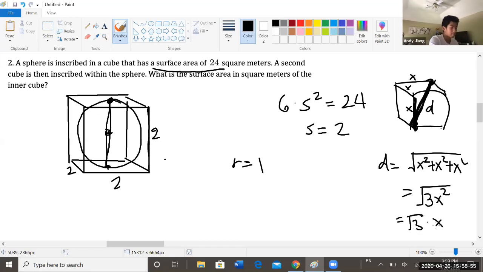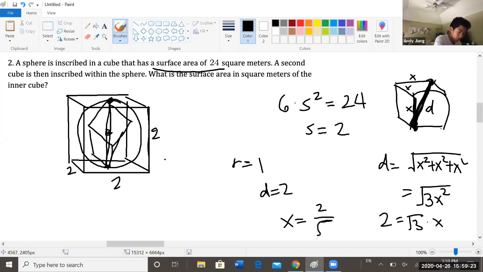And what is this equal to? Well, it's equal to the longest distance inside a sphere, right? I can imagine that I put my cube inside like that. So the longest distance inside a sphere is the diameter, which has length 2, which we found earlier. And solving for x, we get 2 over root 3 is the side length of the inner cube.